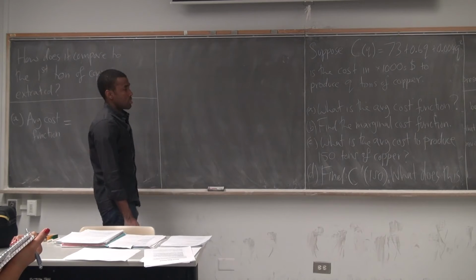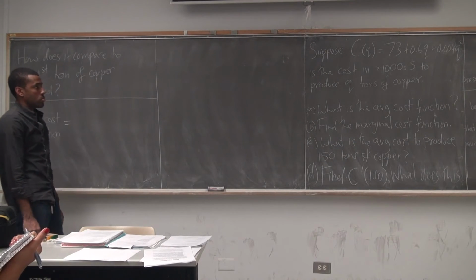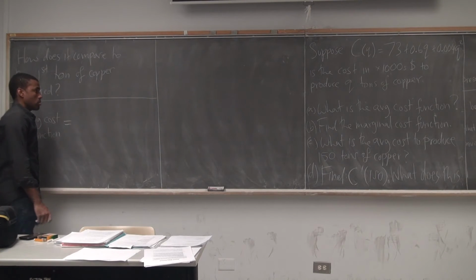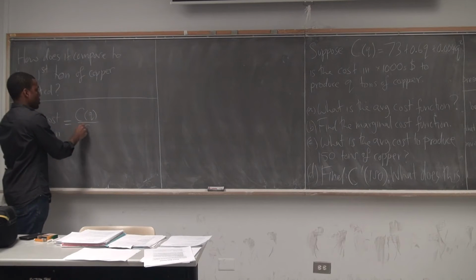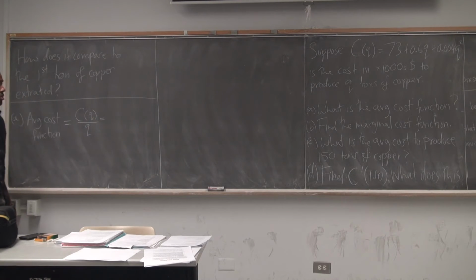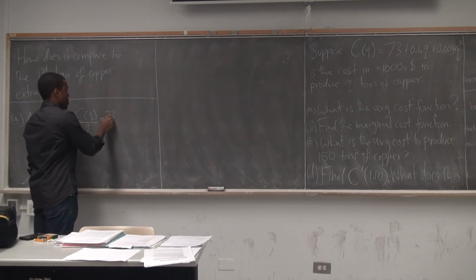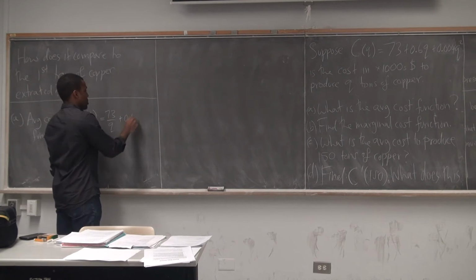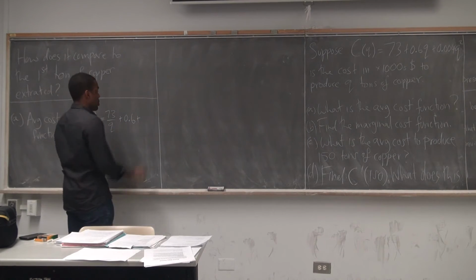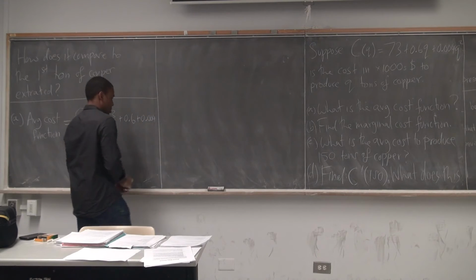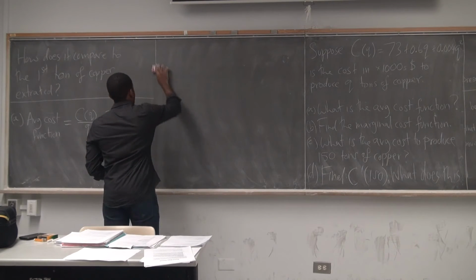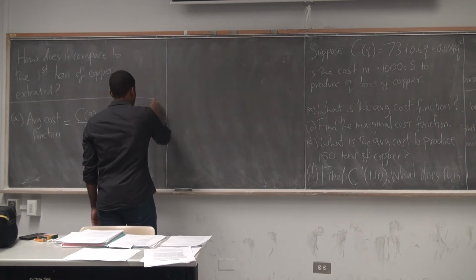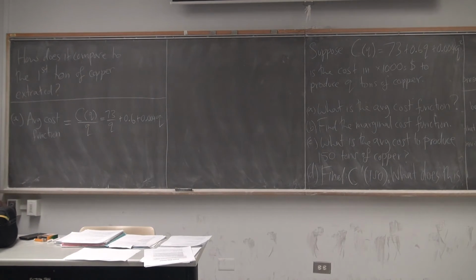How do we find average cost? Okay, so what is the top here? We have C of Q over Q, which is going to be what? 73 over Q plus 0.6 Q over Q plus 0.004 Q squared over Q. That's our average cost function.